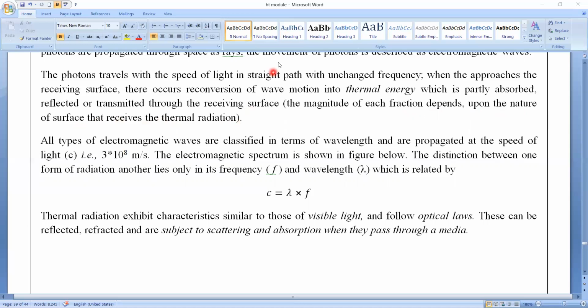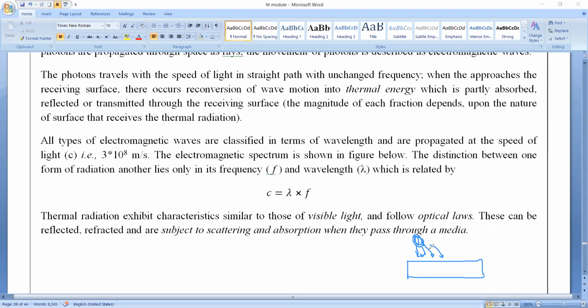This is an important sentence. Let us consider a flat plate. This is a source of thermal radiation which continuously releases thermal radiation, and these thermal radiations continuously fall on the surface. Say this is the receiving surface and this is the emitting surface for the thermal radiations.